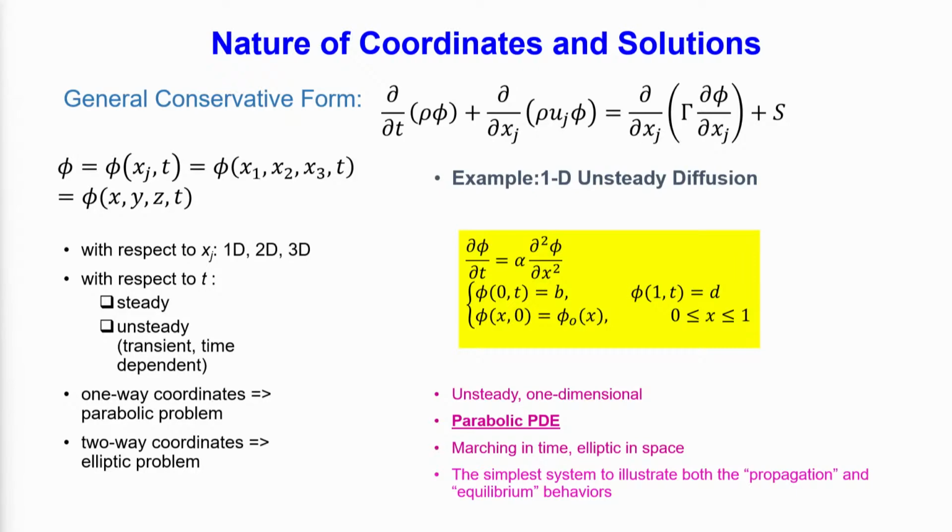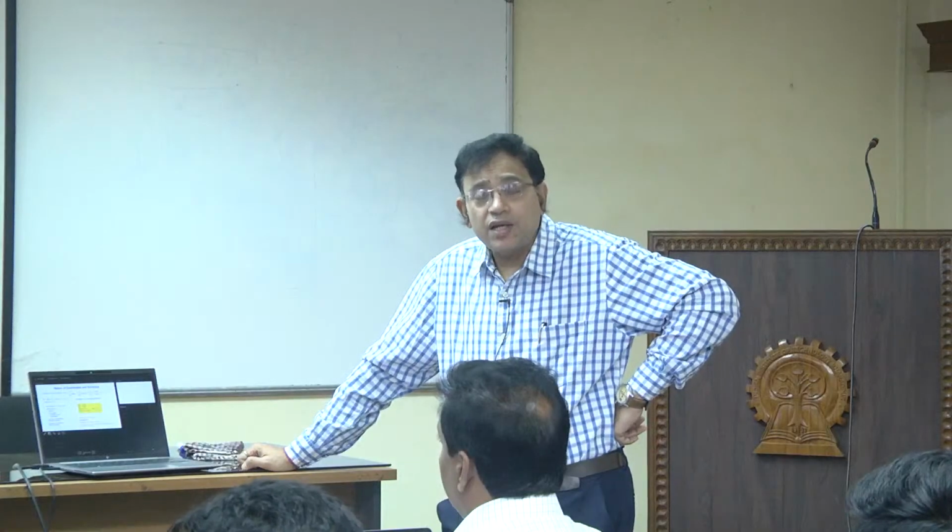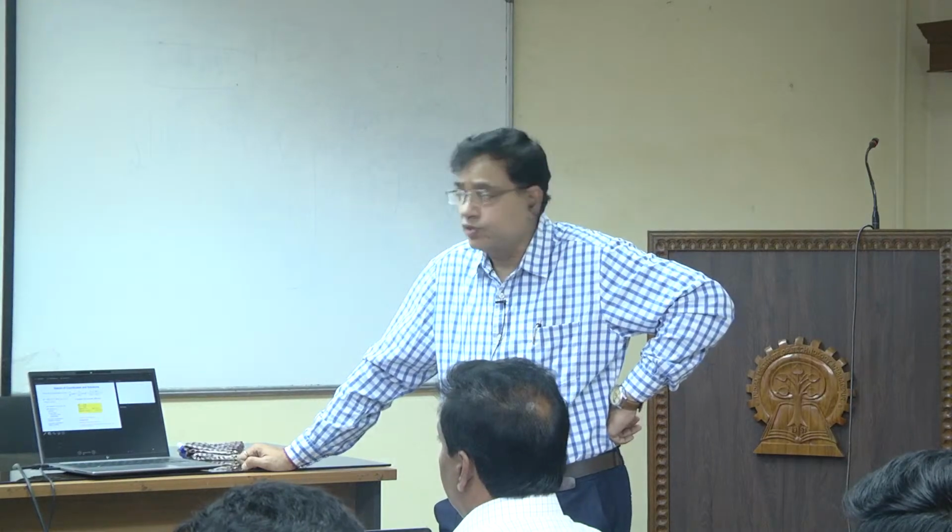So, you can have based on the number of coordinates required mathematically either a 1 dimensional, 2 dimensional or 3 dimensional problem. With respect to time as a variable, you can have steady or unsteady, and very interestingly the nature of the solution is something which would not just come from all these factors, but will come from certain physical aspect of the problem which can guide you to what numerical method you will be using.